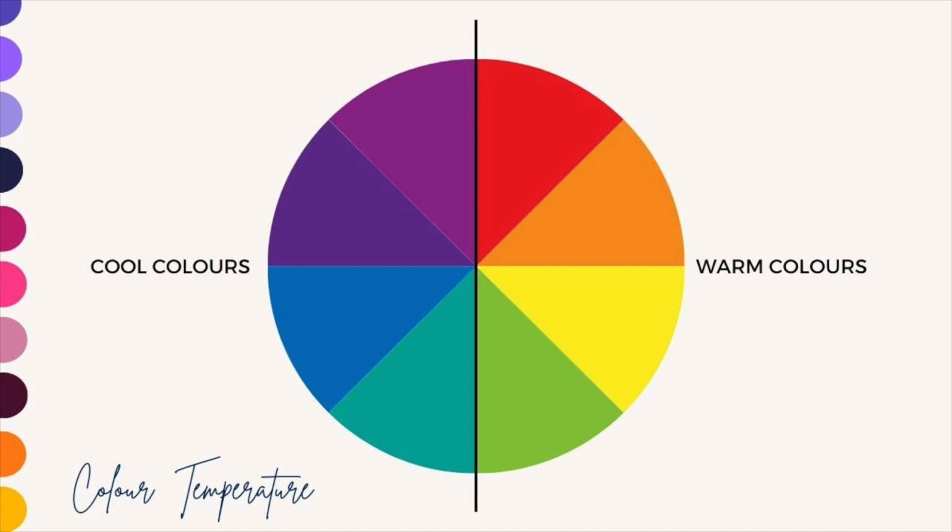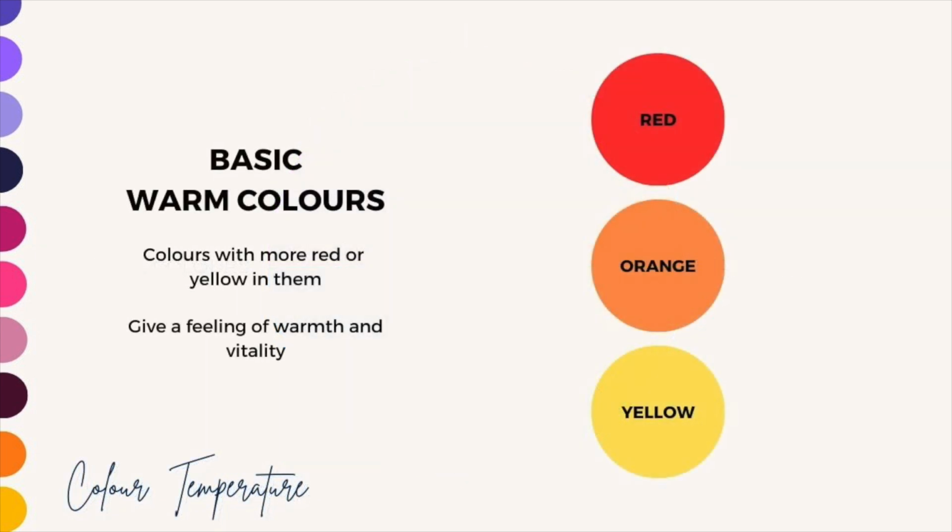As I said, warm colors have more red and yellow in them, and cool colors have more blue. Warm colors give a feeling of warmth and vitality, and our basic warm colors are red, orange, and yellow.